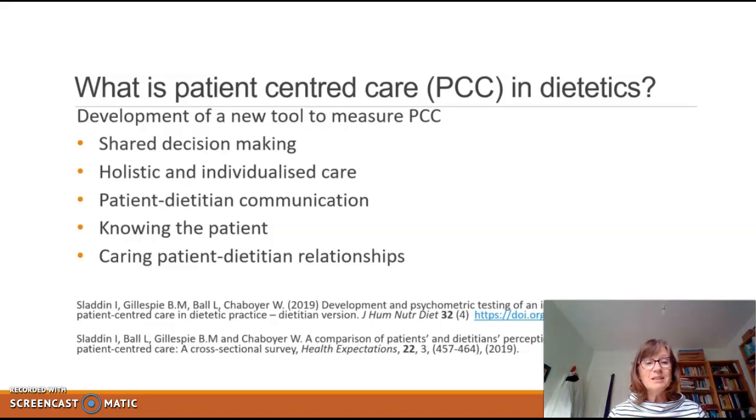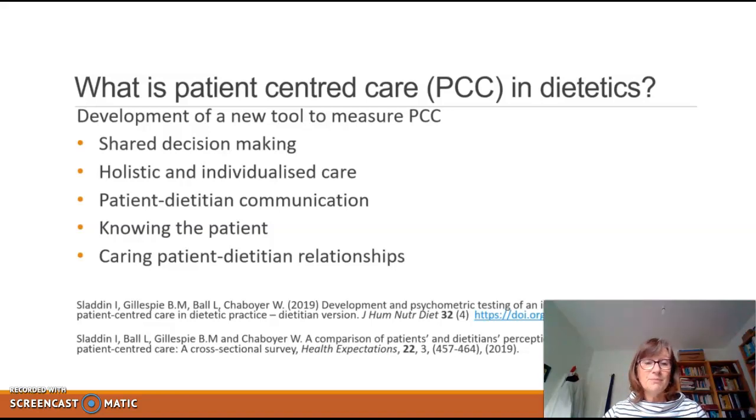We need to be holistic and individualized. That word keeps appearing again. We need good communication between ourselves and our patients. We need to get to know our patient, and we need to be caring, which you might remember from last week was one of the key things that has to be part of how we function if we are going to deliver patient-centered care. So we've got that mixture there. That's what patient-centered care should be looking at.